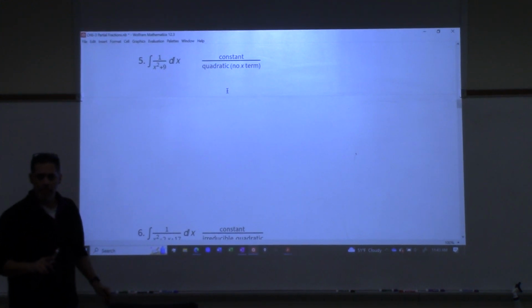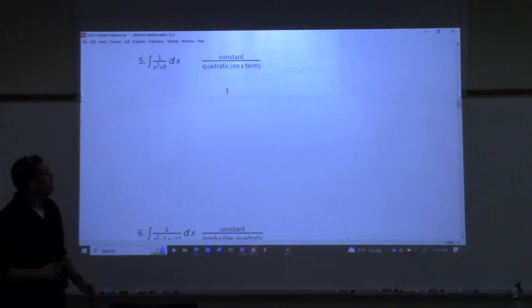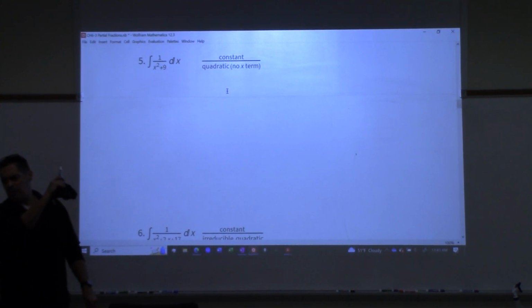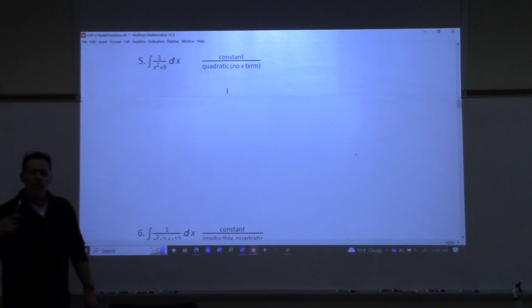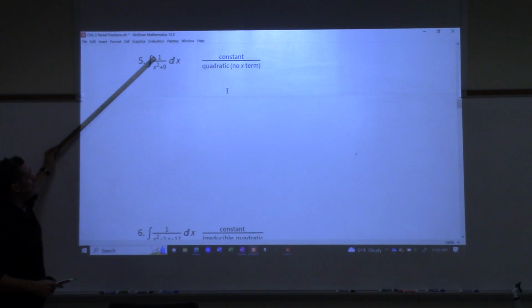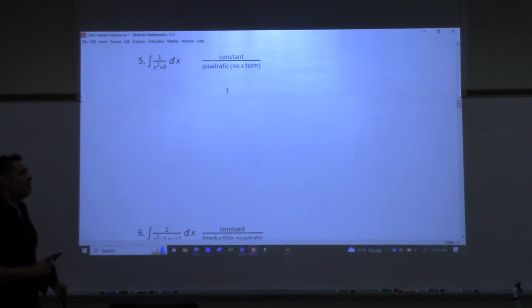Can you look at it like x squared plus a squared? Yeah, exactly. So this is just formula 17, the very first one I gave you, the very first one we talked about today. I want you to look at it from the perspective that on top you have a constant, and on the bottom you have a quadratic that just doesn't have an x term. If you ever see that, I think formula 17 will probably work.